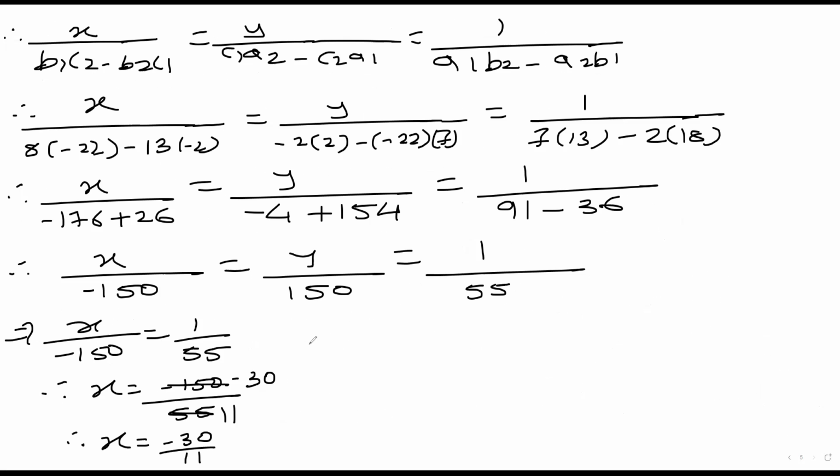So p will be the reciprocal of x, right? Sorry, I should have written 1 upon x is p. So p will be 1 upon minus 30 upon 11. That means minus 11 upon 30. Is that correct? Yes, sir.